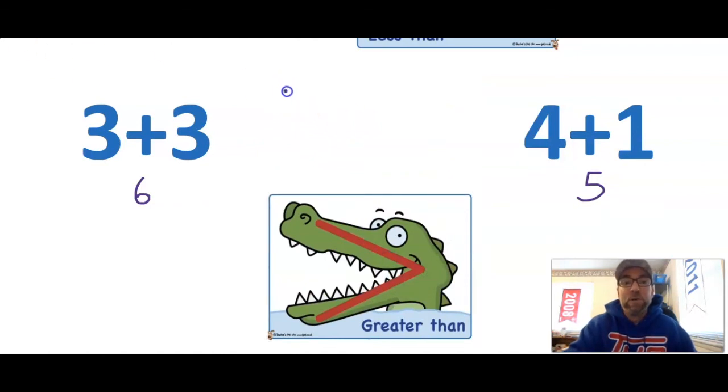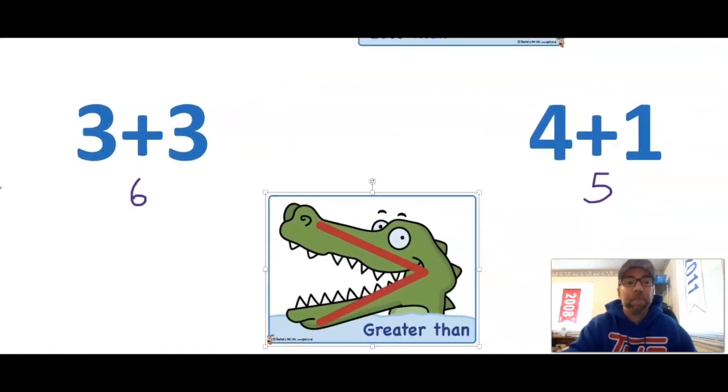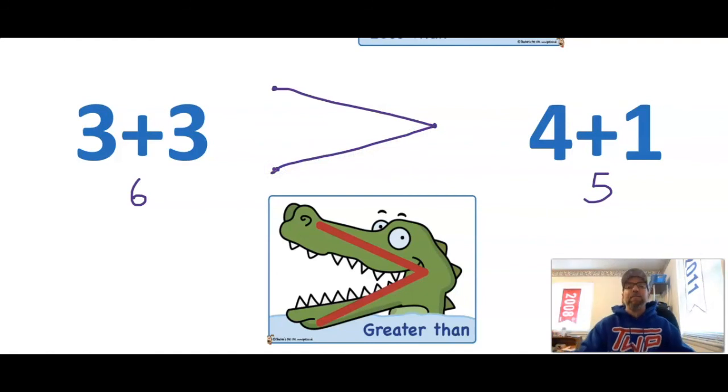Remember that two dots are going to appear on the bigger side, and then one dot goes to the smaller side. And that makes our mouth face the bigger side. 3 plus 3 is greater than 4 plus 1.